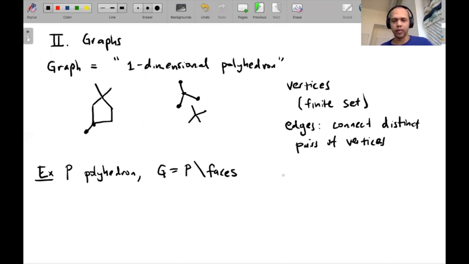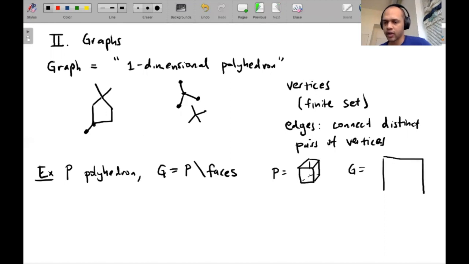So for example, for P the cube, we could also think about this as a graph by just ignoring the faces. So maybe I'll just draw it a little bit differently. The associated graph could be drawn like this.